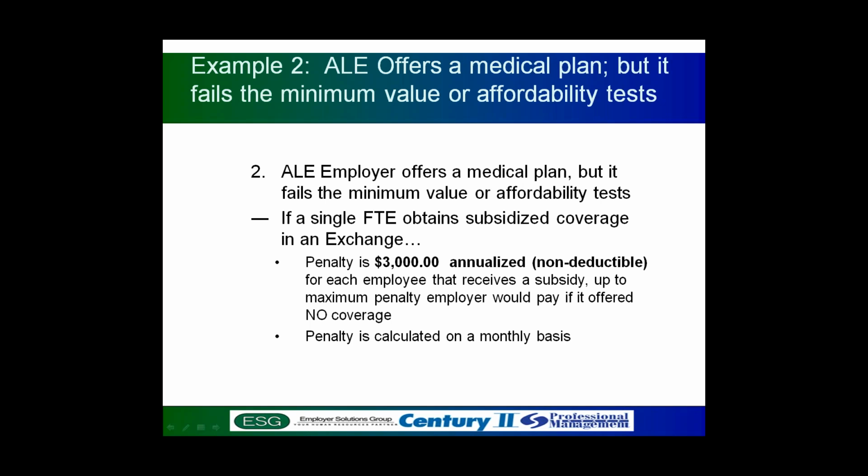In that scenario, if any single employee went to the exchange and purchased coverage and got a premium subsidy, the company would be on the hook just for those individuals that went to the exchange and got a premium subsidy, and that would be $3,000 for each employee. Again, that same type of penalty is calculated on a monthly basis.